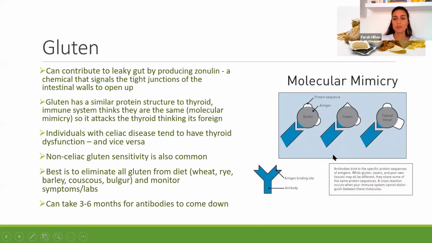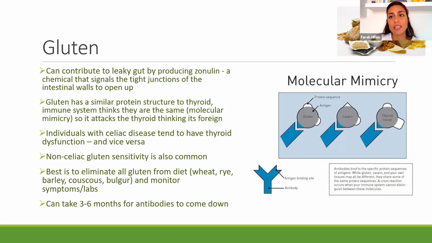Okay, so the immune system can mistake gluten for the thyroid. It sees gluten as a foreign body, and then it can think of the thyroid as the same and therefore start attacking the thyroid. So gluten has a similar protein structure to the thyroid, and therefore the immune system can mistake the thyroid and start attacking it.